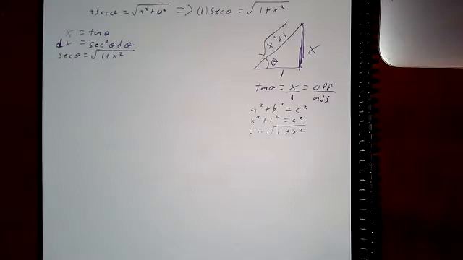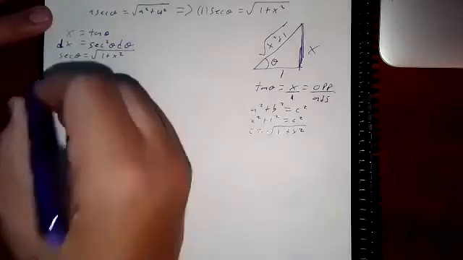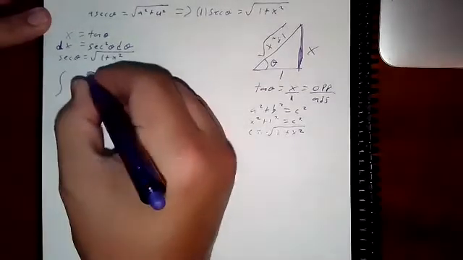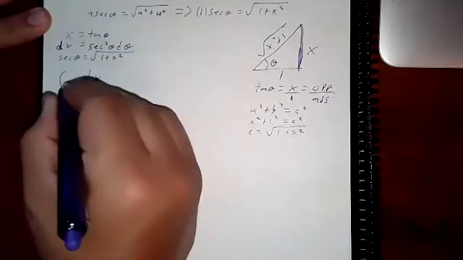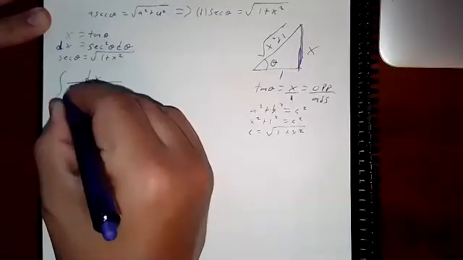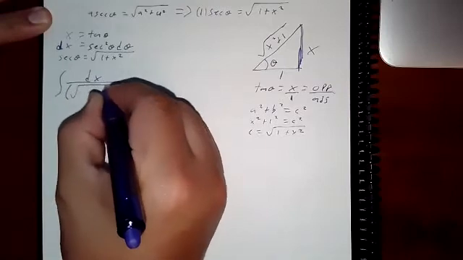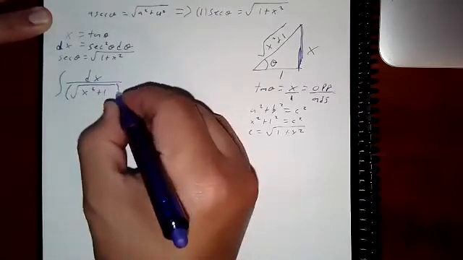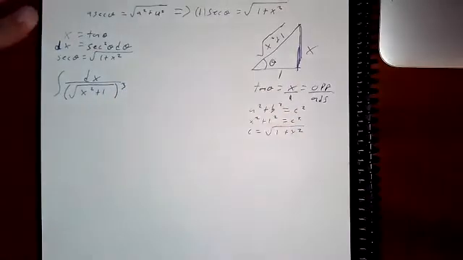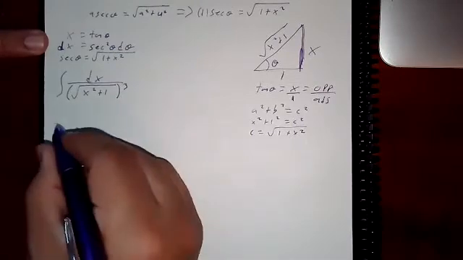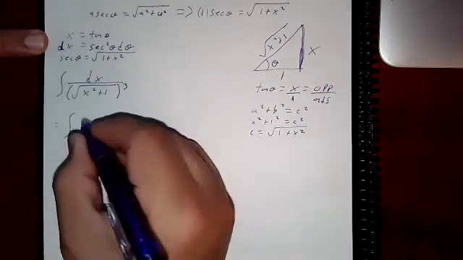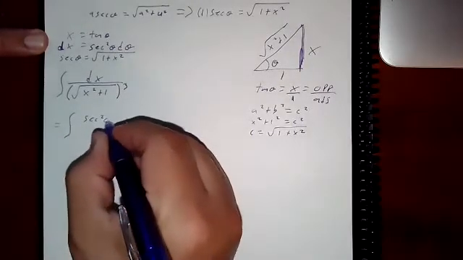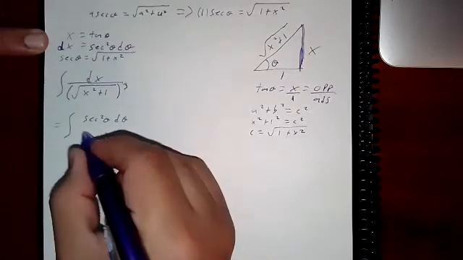Now we can do the sub. Now we're ready. So the integral of dx over x squared plus 1. dx is now this, so I'm going to replace it with secant squared theta d theta. So sub it.